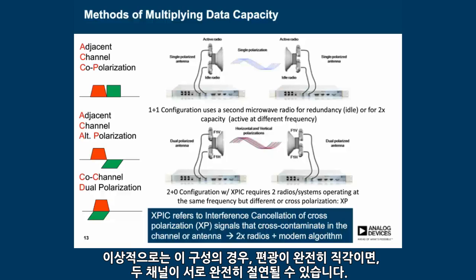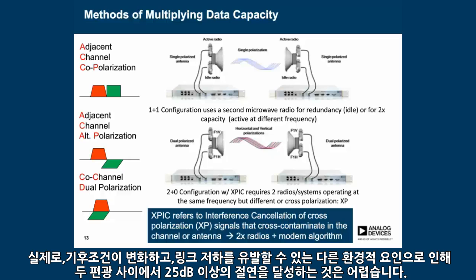Ideally, for this configuration, if the polarization was completely orthogonal, it would mean both channels are completely isolated from one another. In reality, though, it is difficult to achieve greater than 25 dB of isolation between the two polarizations due to either varying weather conditions and other environmental factors that may cause link degradation.